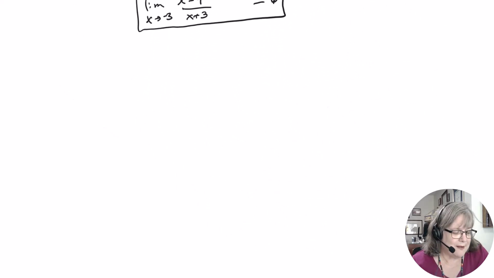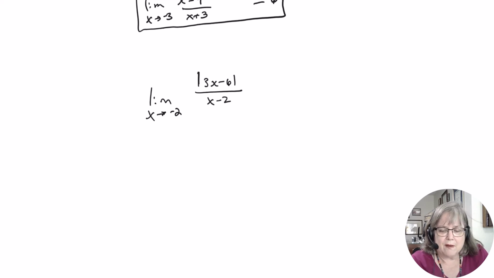But right now I just need to know what happens if it's 0 in the denominator. So let's try another kind, because again, they're going to mix all these up. Okay, and you need to decide what to do.